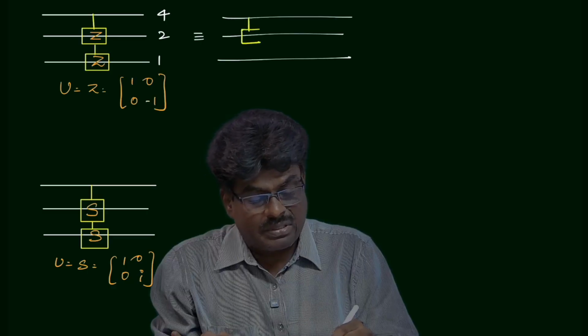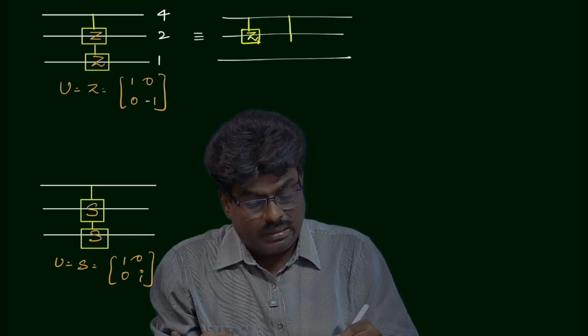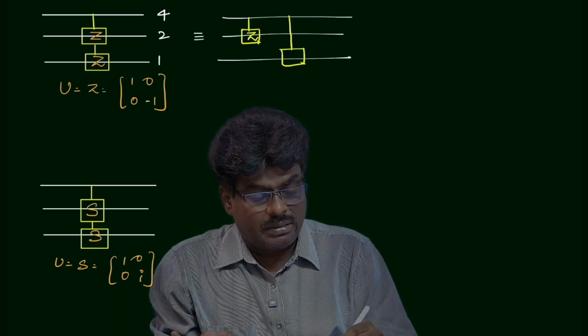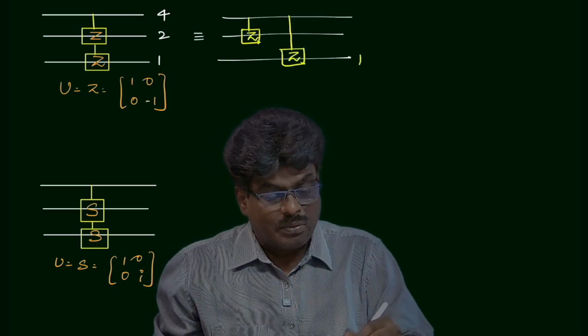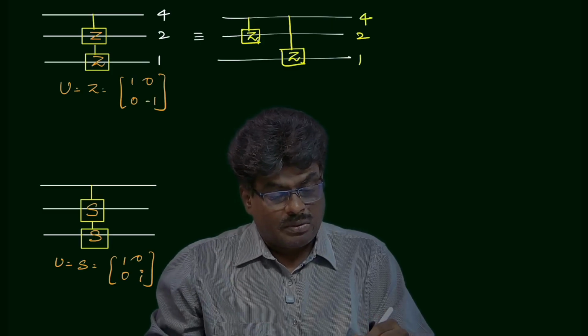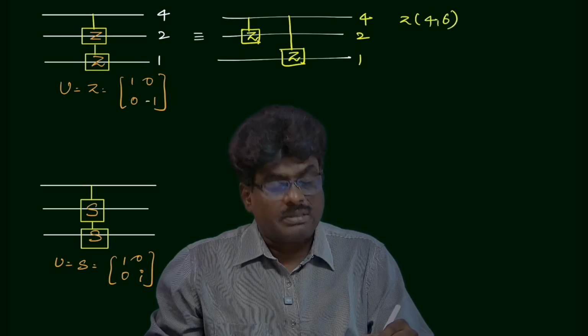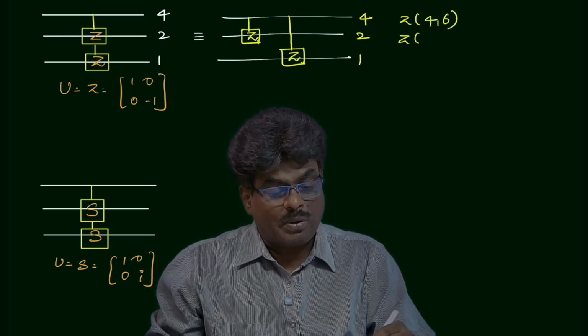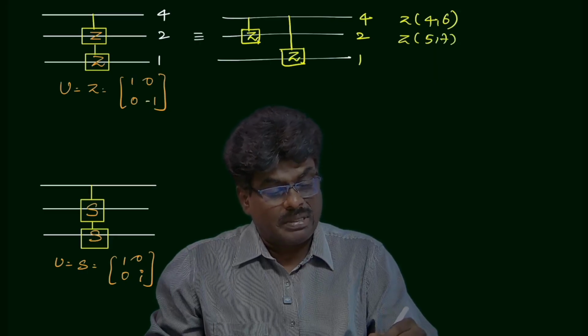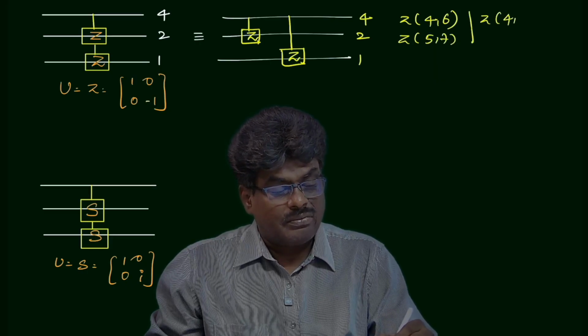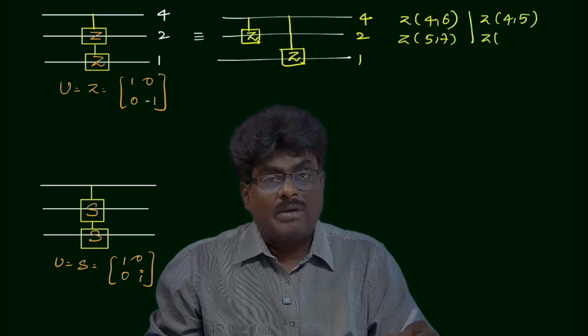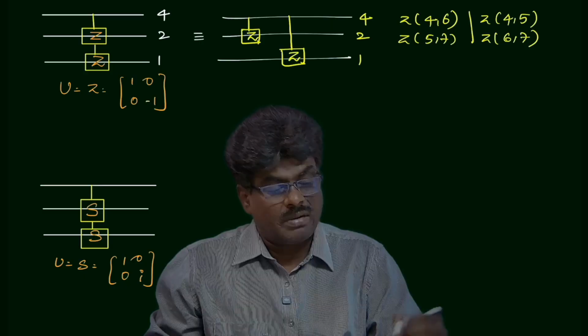So this is the first control z and this is the next cz operation. Then it is 1 2 4. So first one z of 4 comma 6, that means a 4 to 2, and you have to add 1, that is a 5 comma 7. Next z 4 comma 5, you have to add 2, that is a 6 comma 7.